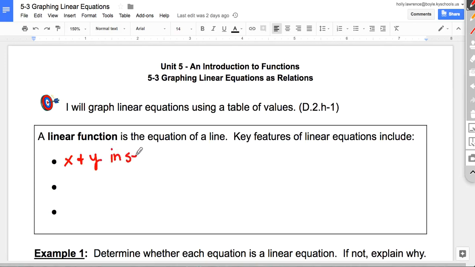in separate terms. What I mean by separate terms is that they're not multiplied together. If they're multiplied together, something weird happens with the graph, and I'll show you that in a minute.